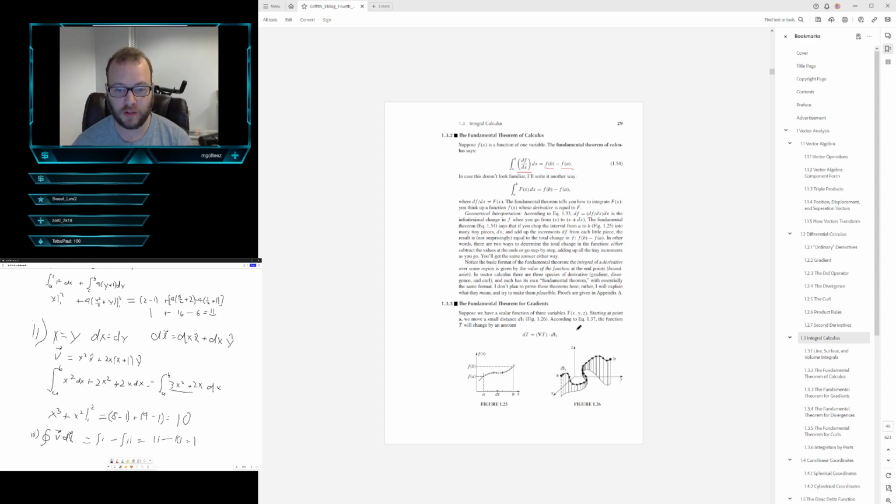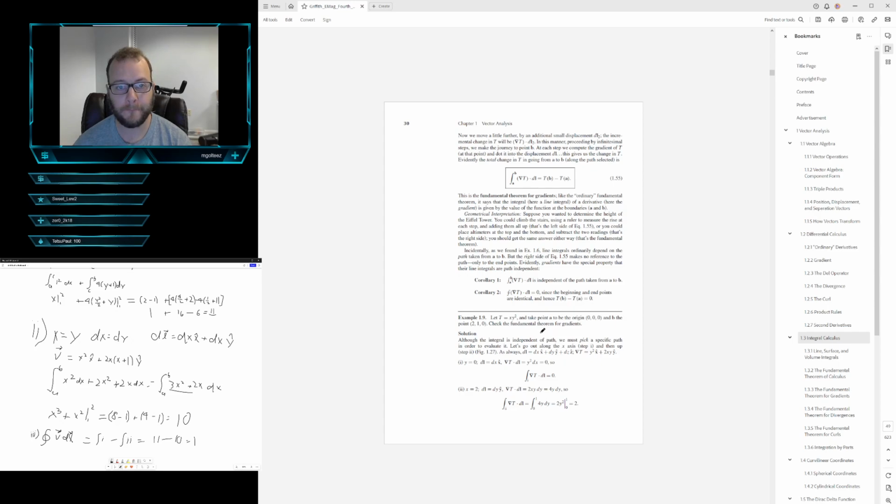Suppose we have a scalar function. Starting at a point A, we move a small distance. According to the equation, the function t will change by some amount. We had a small displacement. The incremental change will be the gradient dotted into that displacement. At each step, we compute the gradient of t at that point and dot it into this displacement, and that gives us the change in t.